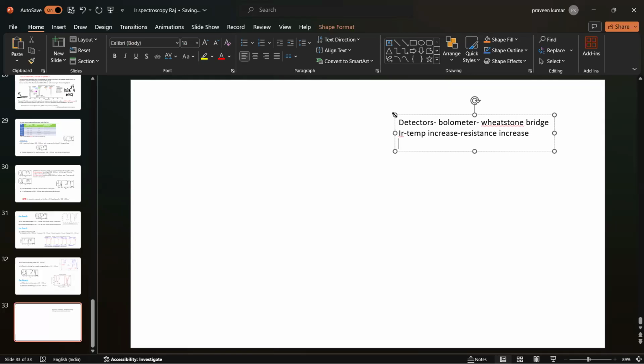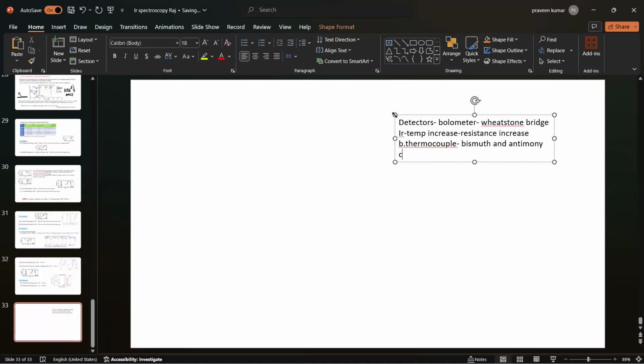Another one is the thermocouple. In the thermocouple, there is an increase in temperature at the junction. The junction is made up of bismuth and antimony.